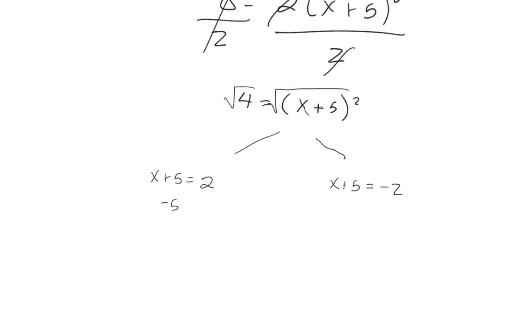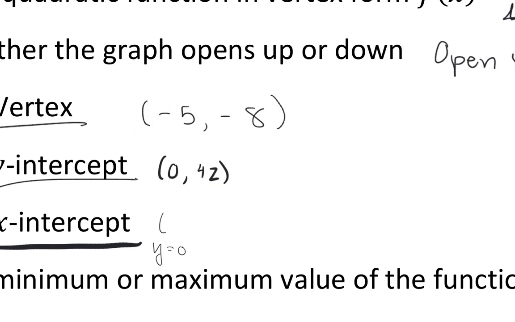So subtracting 5 from each side, we get x is equal to -3, and x is equal to -7. So our 2 points are going to be -7, 0, and -3, 0. Perfect.